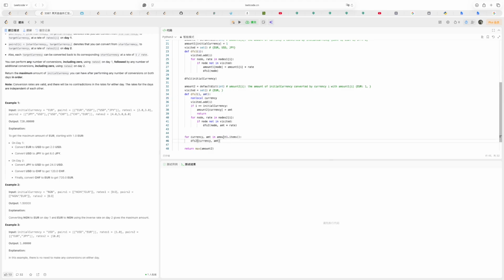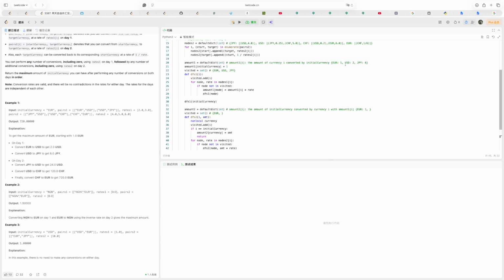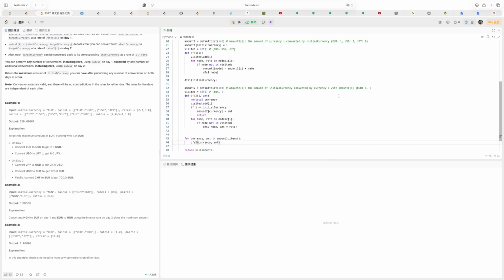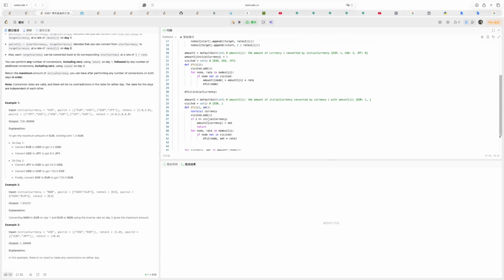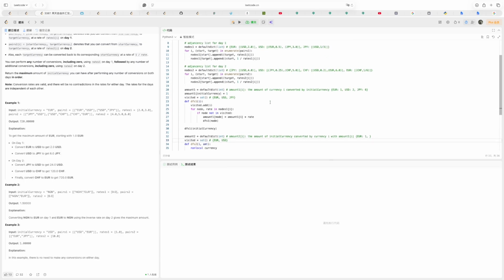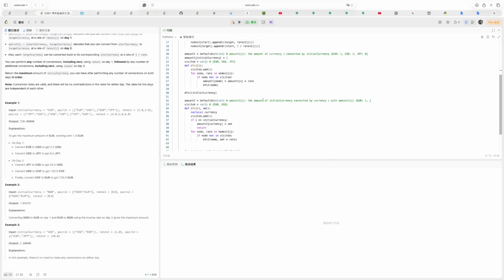So we will have USD. For USD, we have amount 2. So USD is added to the visited set, and it is not the initial currency. For USD, let's see the adjacency, this one, we have JPY.